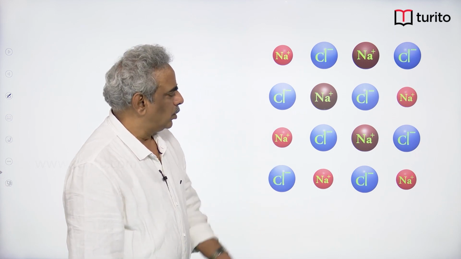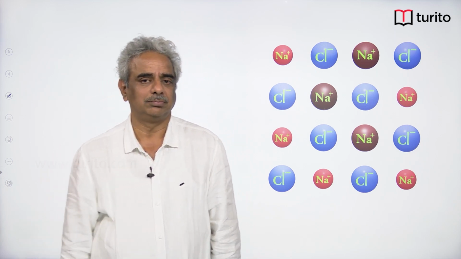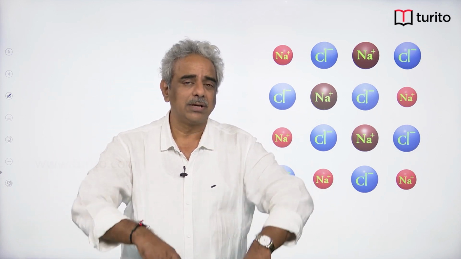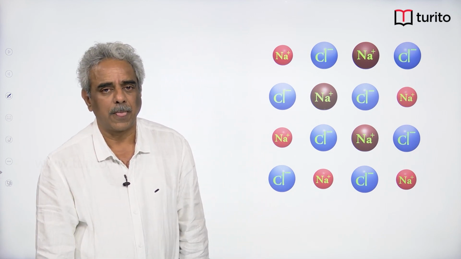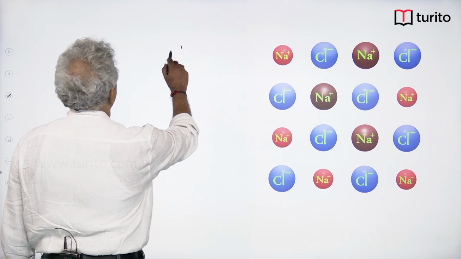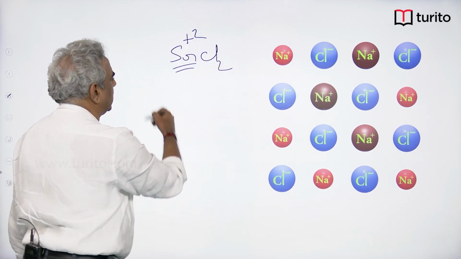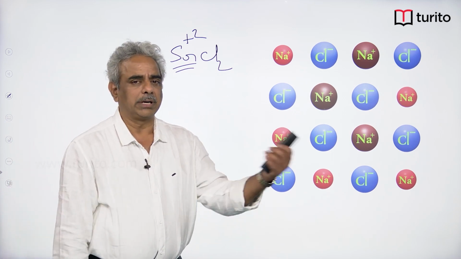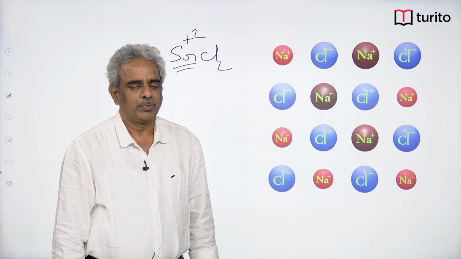So, what we do while crystallizing sodium chloride, we add some strontium chloride also. While crystallizing sodium chloride, we add some impurity, strontium chloride, because the size of strontium 2 plus nearly matches, it can work out in sodium lattice, rock salt lattice.